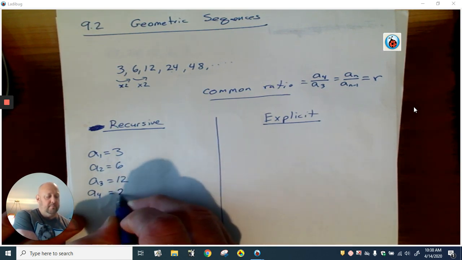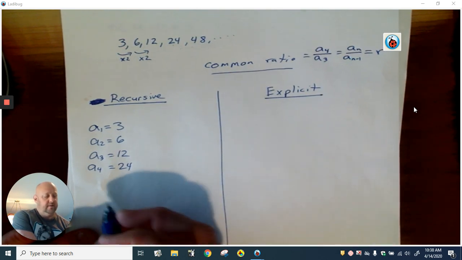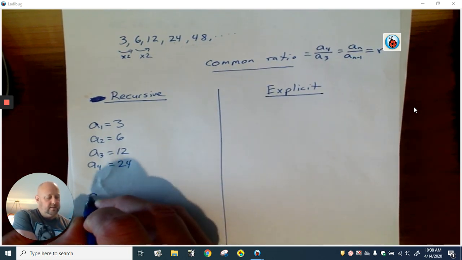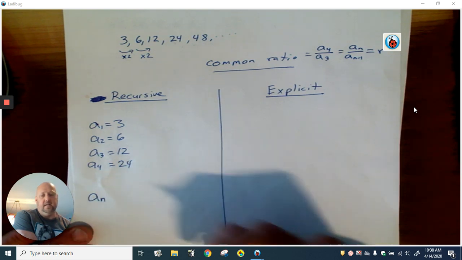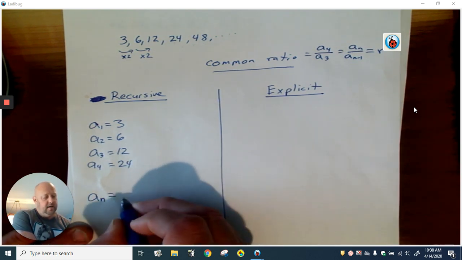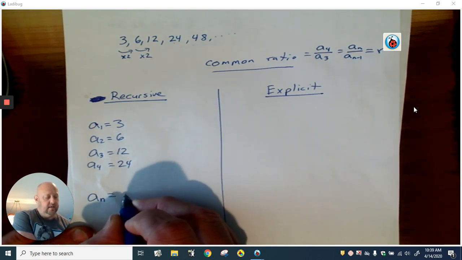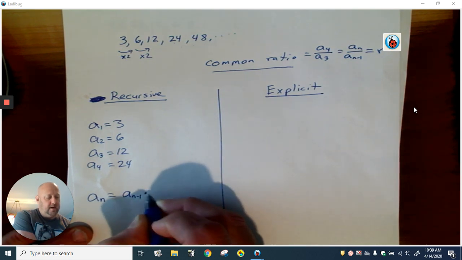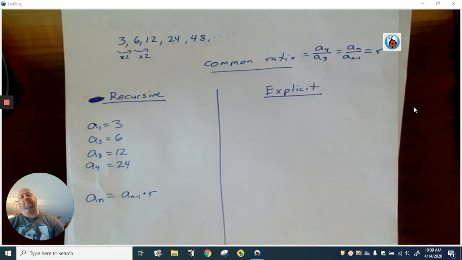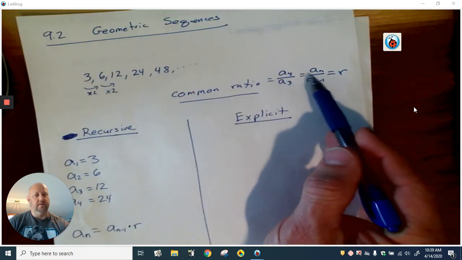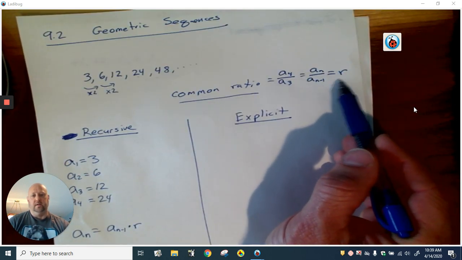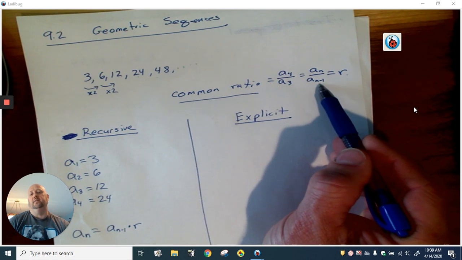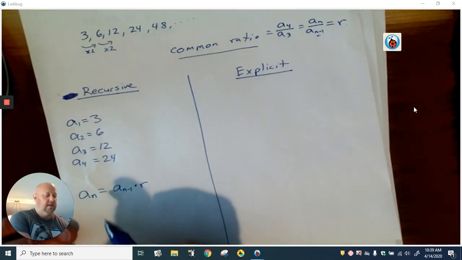That becomes my recursive definition, where I can find any term by multiplying the term before it by r, which is just this formula rearranged. If I multiply both sides by a sub n minus 1, I get that formula.